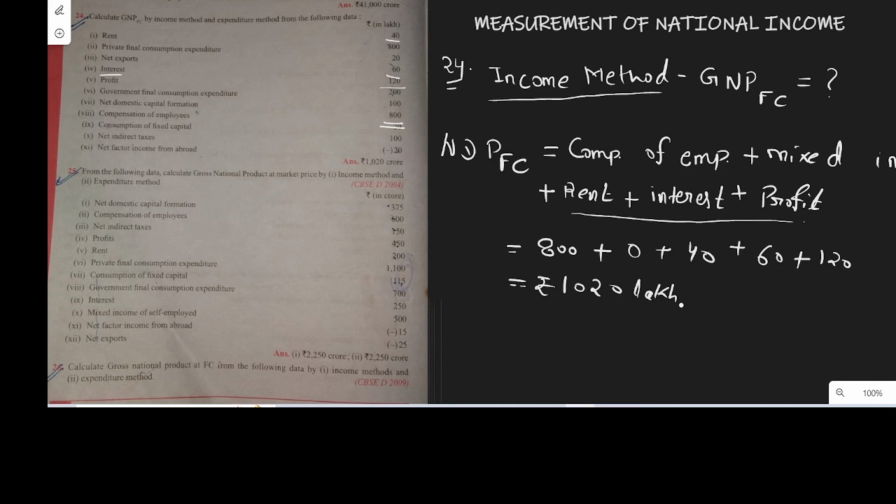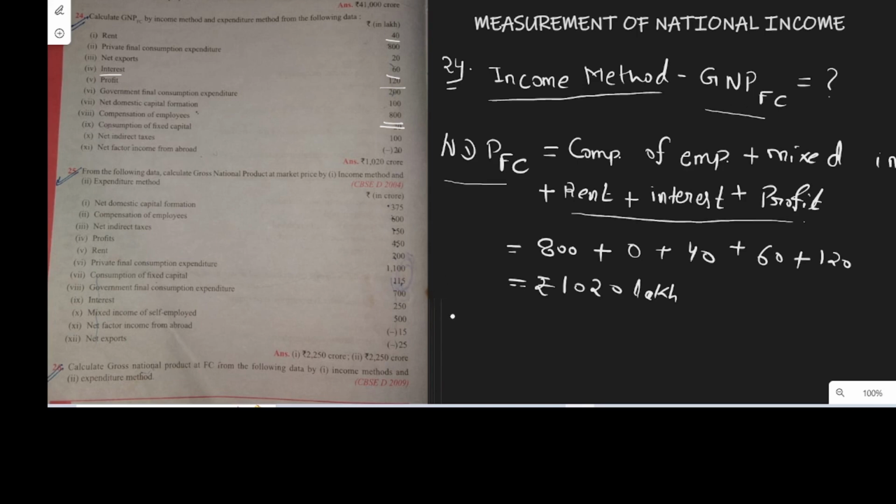But our task was not to calculate NDPFC. Our task was to calculate GNPFC. So here we do that thing which we had learned in the third chapter. This is the fourth chapter. Here we use what we had learned in the third chapter to convert one aggregate into another one. Now NDPFC is known to us and we need to find GNPFC.